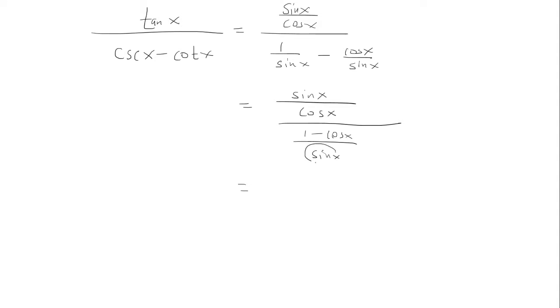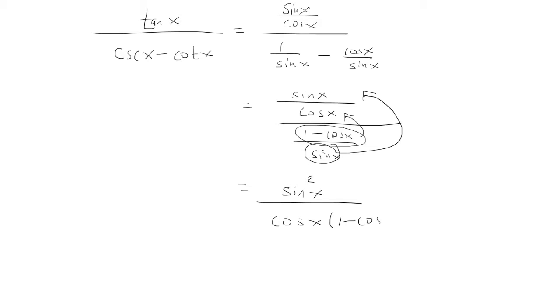So this sine is going to come all the way to the top, and then I'm going to multiply 1 minus cosine of x with cosine of x. And the reason this happens is because when you divide by a fraction, you multiply by the reciprocal. Okay, so we'll have sine times sine, which is sine squared, over cosine times 1 minus cosine.